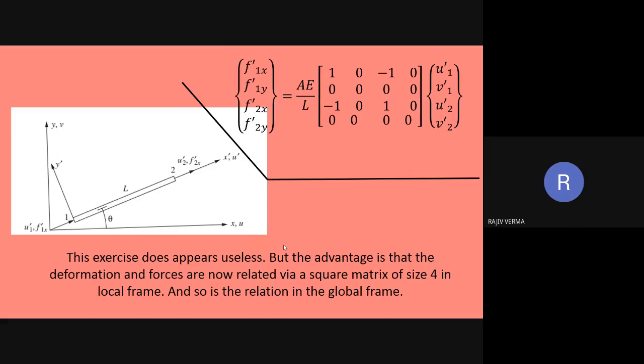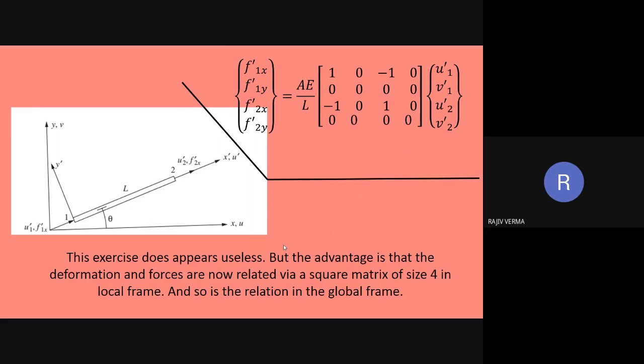So now we have a matrix of size 4 by 4 between the local degrees of freedom and local forces, and also between global degrees of freedom and global forces. Now in the following slide, we will develop a relationship of a vector between the local and the global frame.